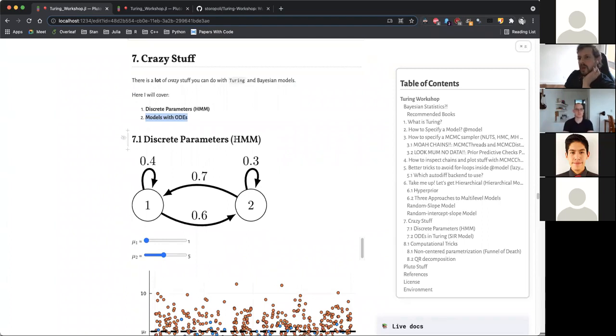We have a hidden Markov model, a model with discrete states that are latent. We don't see them. This is used in animal tracking models and ecology models, where your observations depend on discrete states that you don't see.